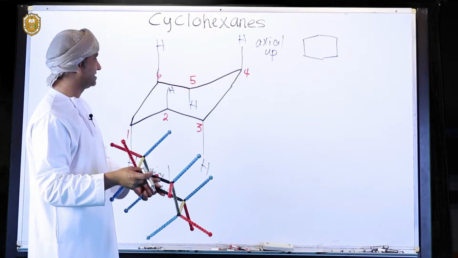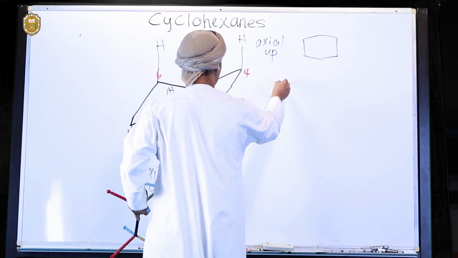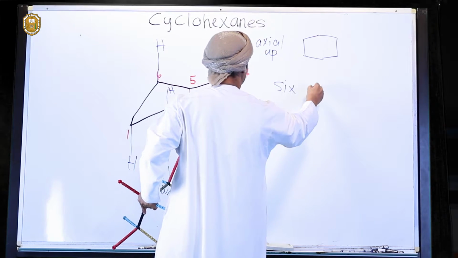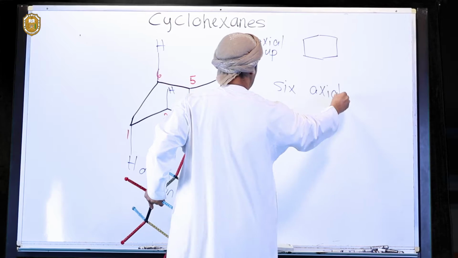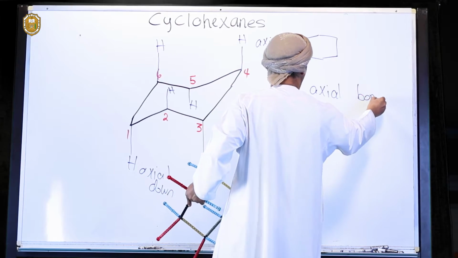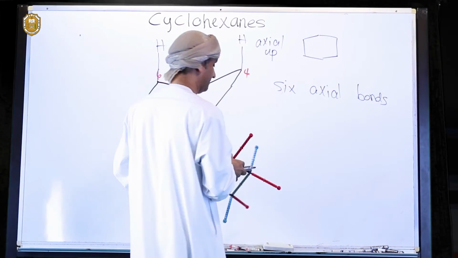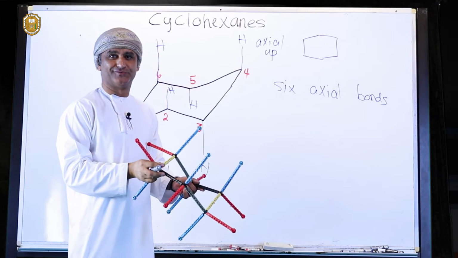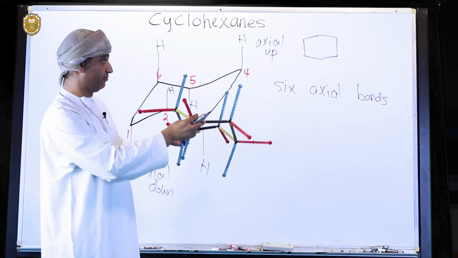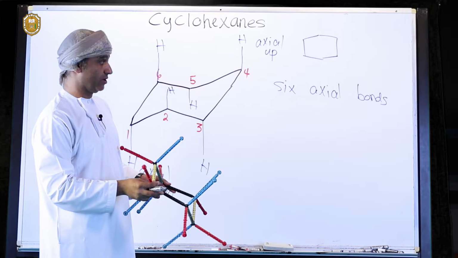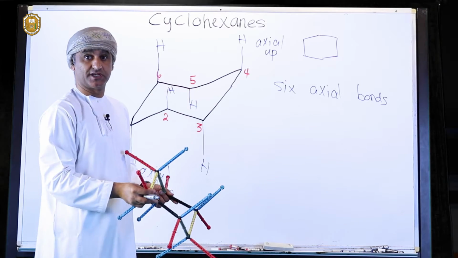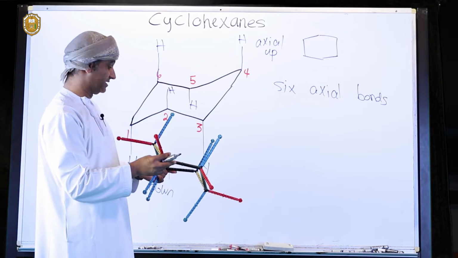So there are 6 axial bonds, but there are 12 bonds in total. When we talk about bonds, we mean carbon-hydrogen bonds in this case.